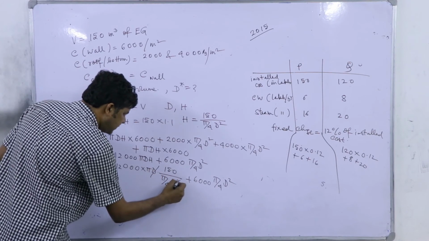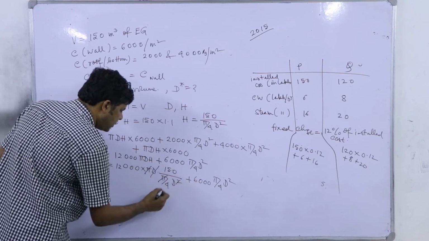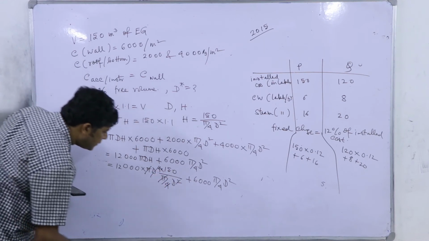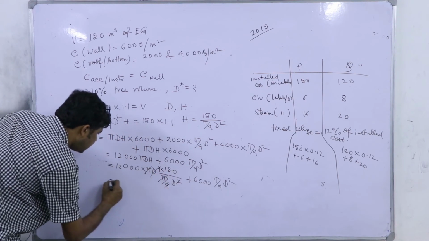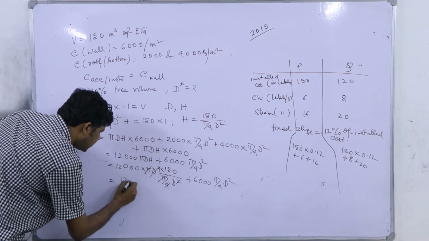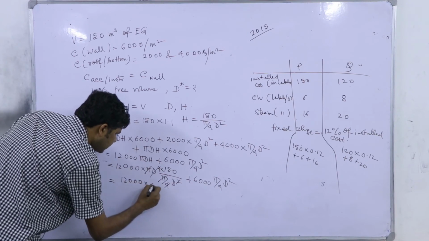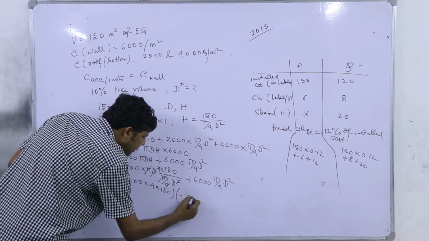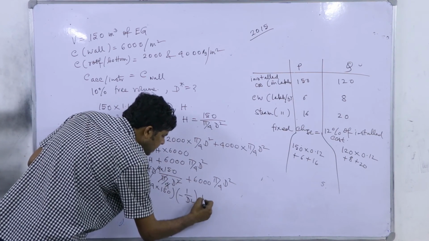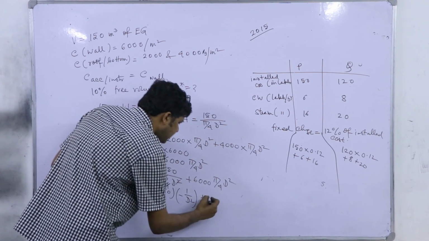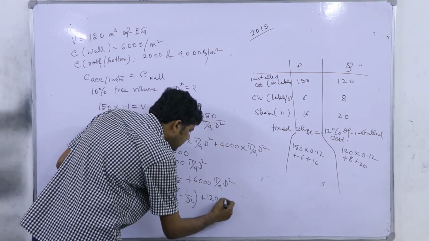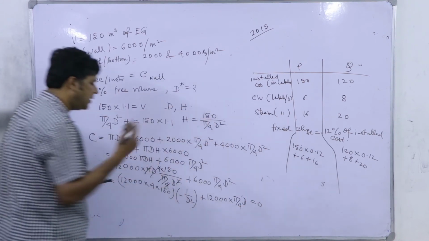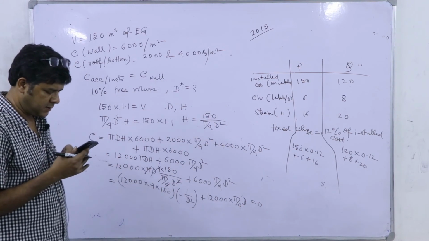So D cancels out, pi cancels out, and we will have 4 here. So it is 12,000 into 4 into 150, that is a factor, into minus of 1 by D square plus 12,000 into pi by 4 into D equal to 0, and from there we can solve for this optimum diameter.